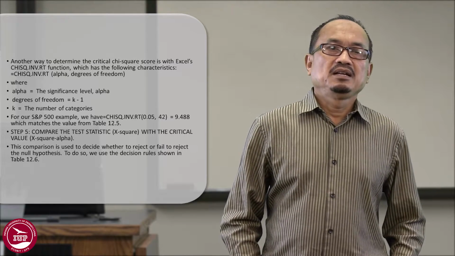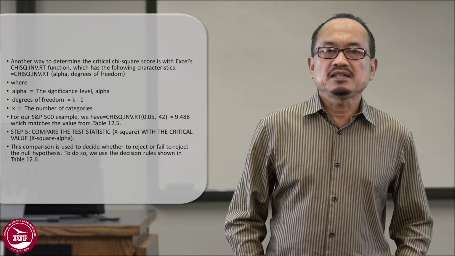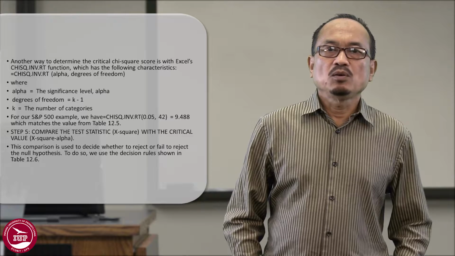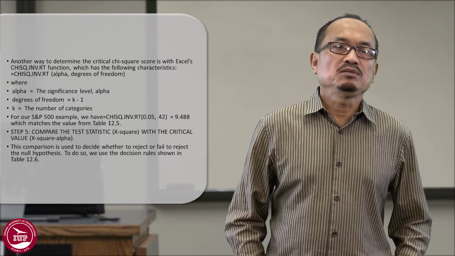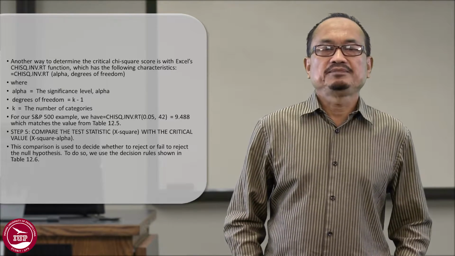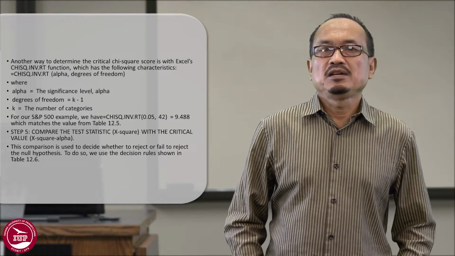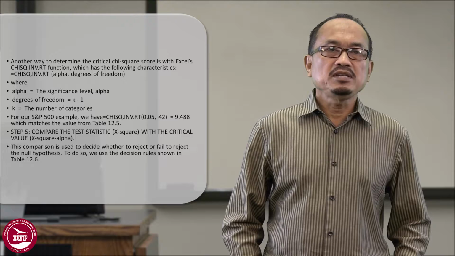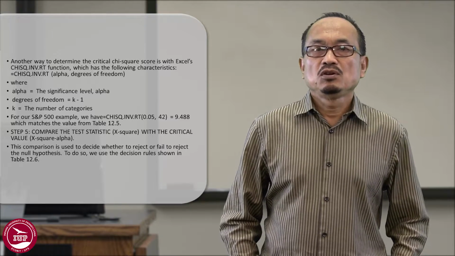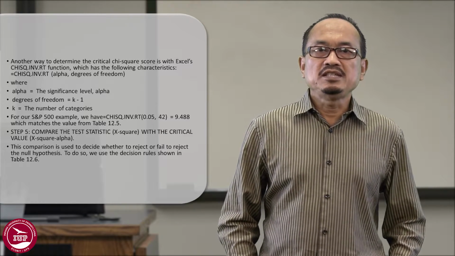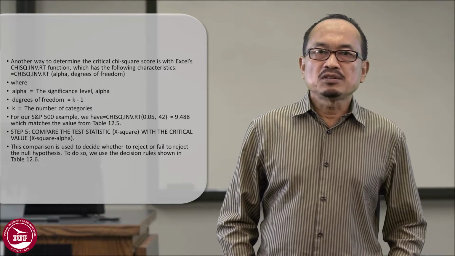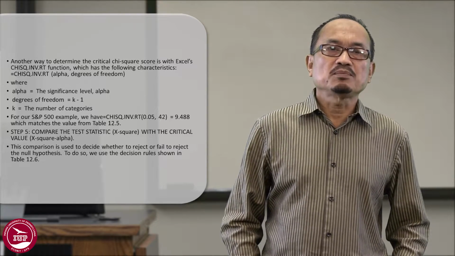Step 5. Compare the test statistic chi-square with the critical value chi-square alpha. This comparison is used to decide whether to reject or fail to reject the null hypothesis. To do so, we use the decision rule shown in table 12.6.